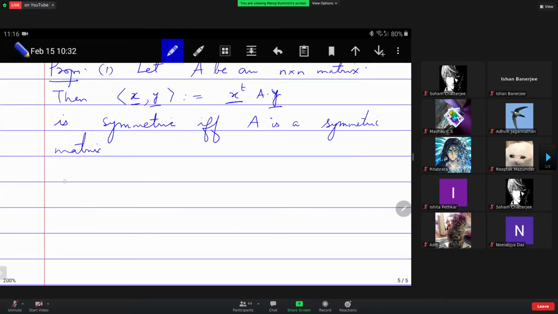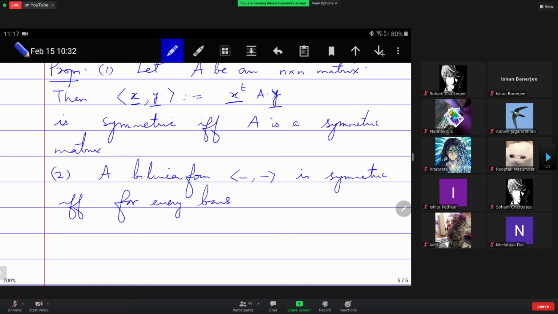And the second statement: a bilinear form is symmetric if and only if for every basis B of V, the matrix of this form is symmetric.